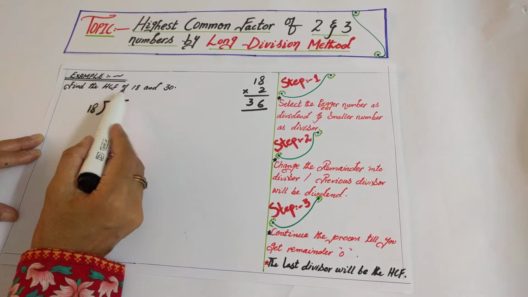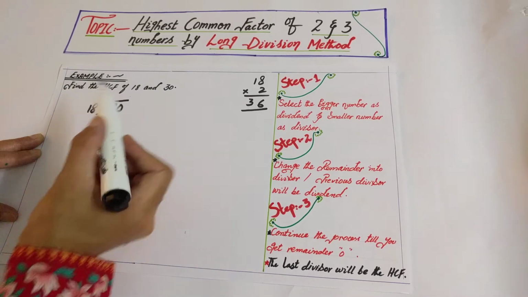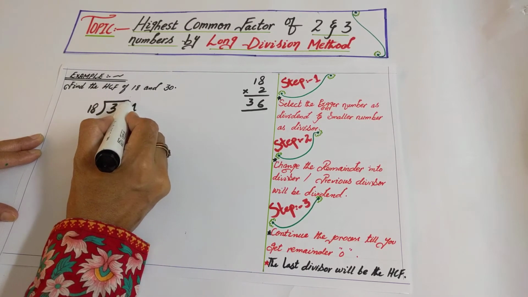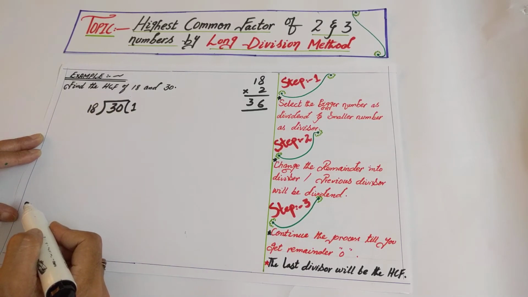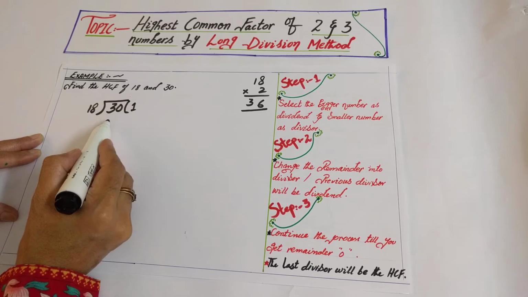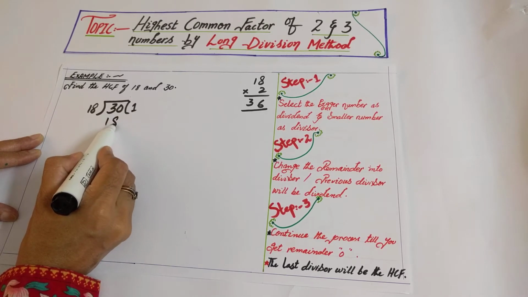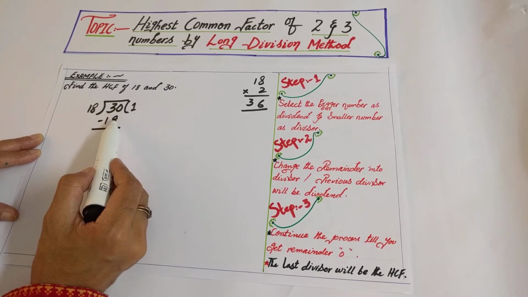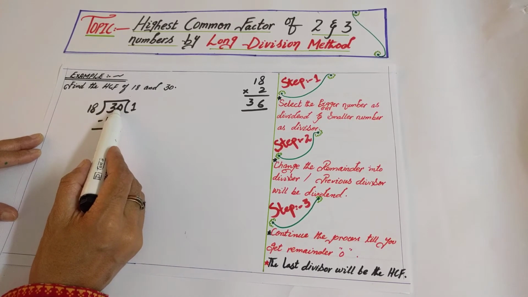Now you can put the quotient at the top, or you can also put the quotient on the right side of the long division sign. So 18 ones are 18. Subtract: 0 minus 8, impossible. Take the borrow from 3.